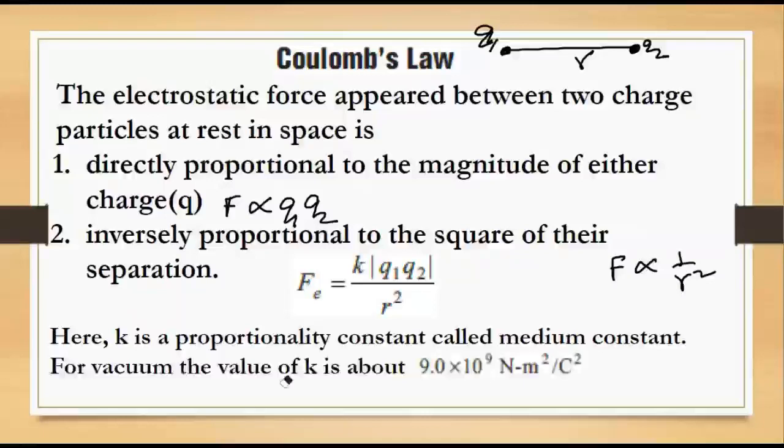For vacuum, the value of k is about 9 into 10 to the power 9, and this is also called Coulomb's constant. Nearly, it is actually 8.99, but you can learn it as 9, it will be easier. But remember, it is in vacuum only. If it is in another medium, the value will change, and we'll discuss later how it changes.